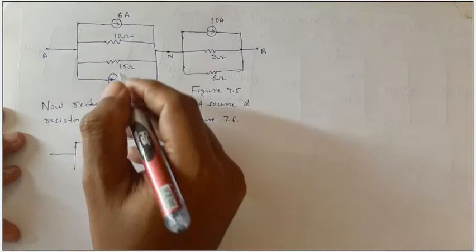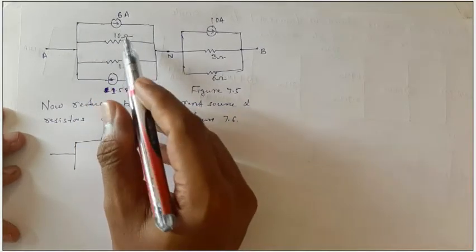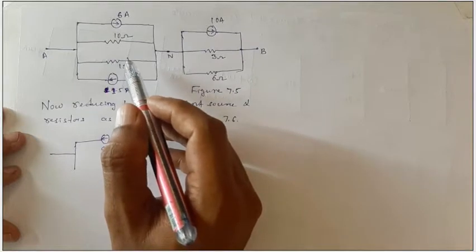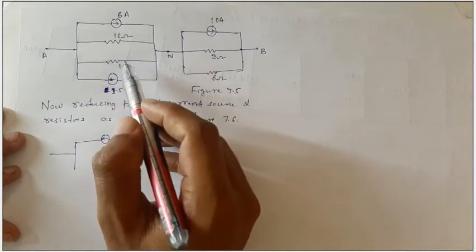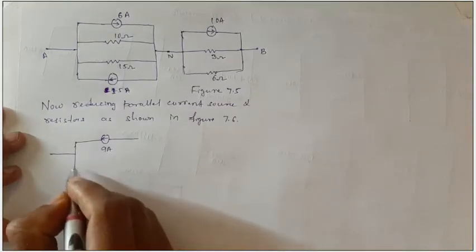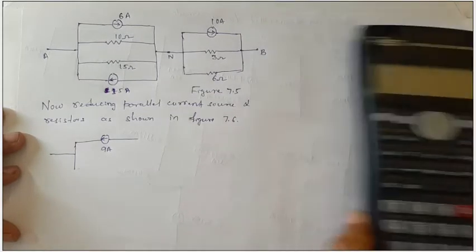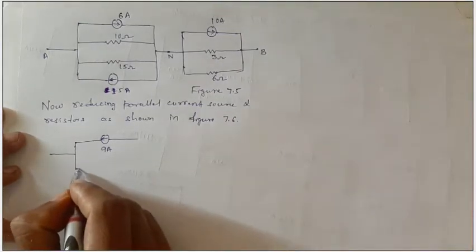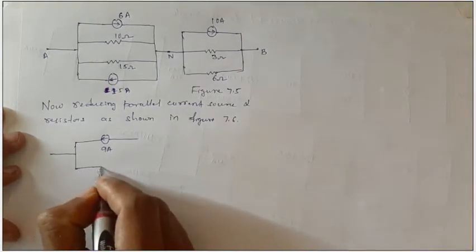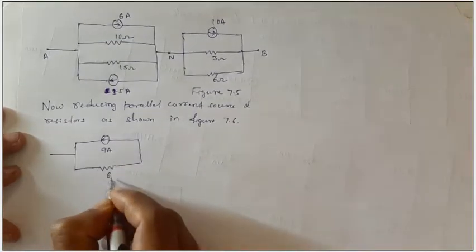Right? And in parallel with this, 10 into 15, 150 divided by 10 plus 15, which is 25, so the parallel resistance will be 6 ohm. Directly I will write here, this is 6 ohm.